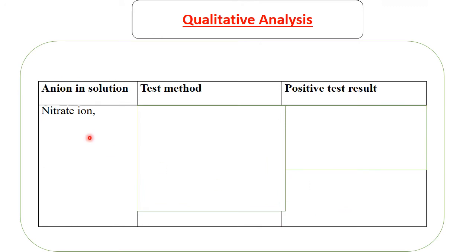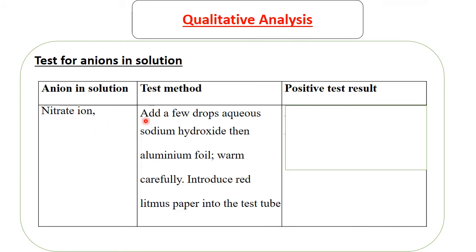Next is the nitrate ion itself. How do we test for its presence? The procedure is you add a few drops of aqueous sodium hydroxide, then you add aluminum foil. Then you heat carefully. When you do this, you introduce red litmus paper into the test tube.